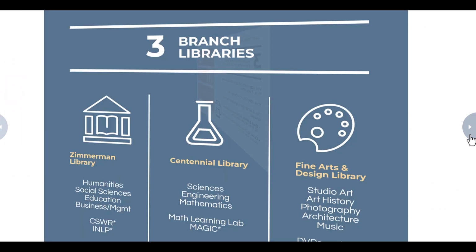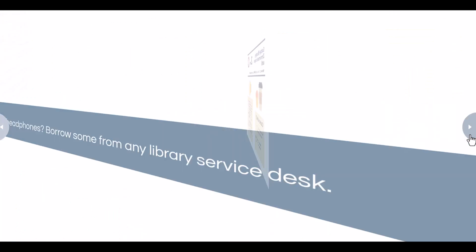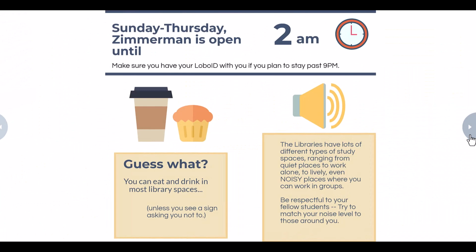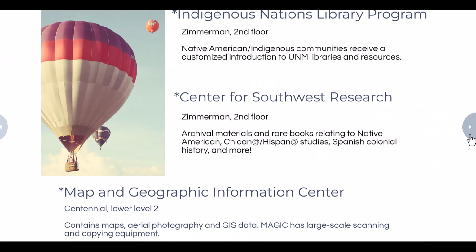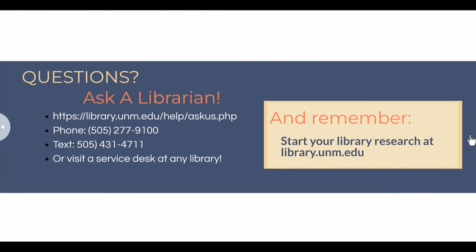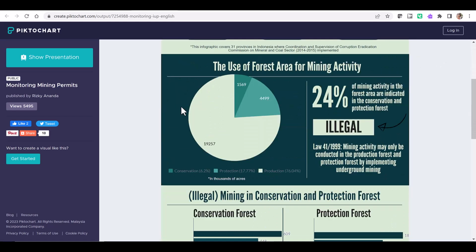What I like with Piktochart is that you get basically 2 products for one batch of work, I guess. So you make your infographic and you spend all your time creating that, and that also gives you that nice presentation. One nice thing about Piktochart also is that it's very good for using a lot of data.